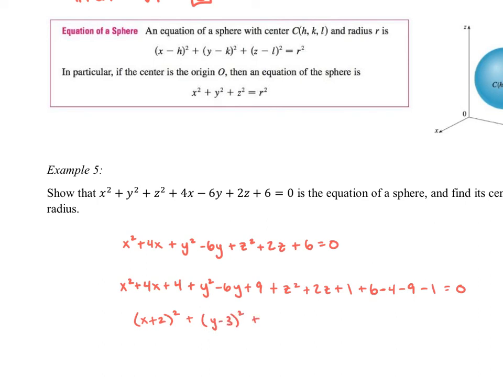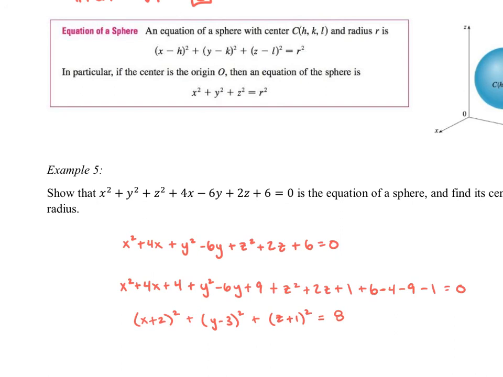And by the way, if you aren't picking up the pattern, half of this middle term is what goes here in the perfect square trinomial, okay? Then we have z plus 1 squared. And then all of the stuff over here will combine. We're going to have negative 8. So that means we add it over, and we get 8.